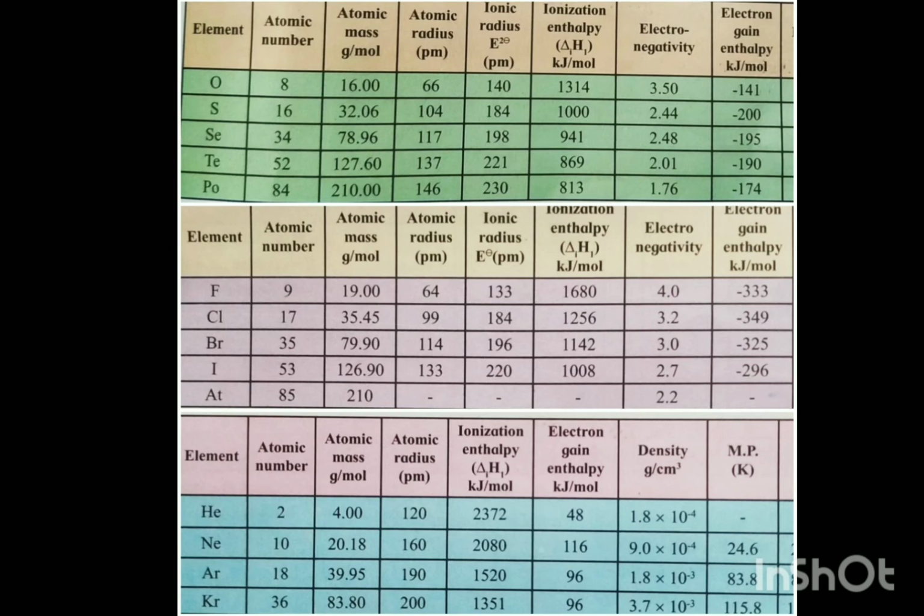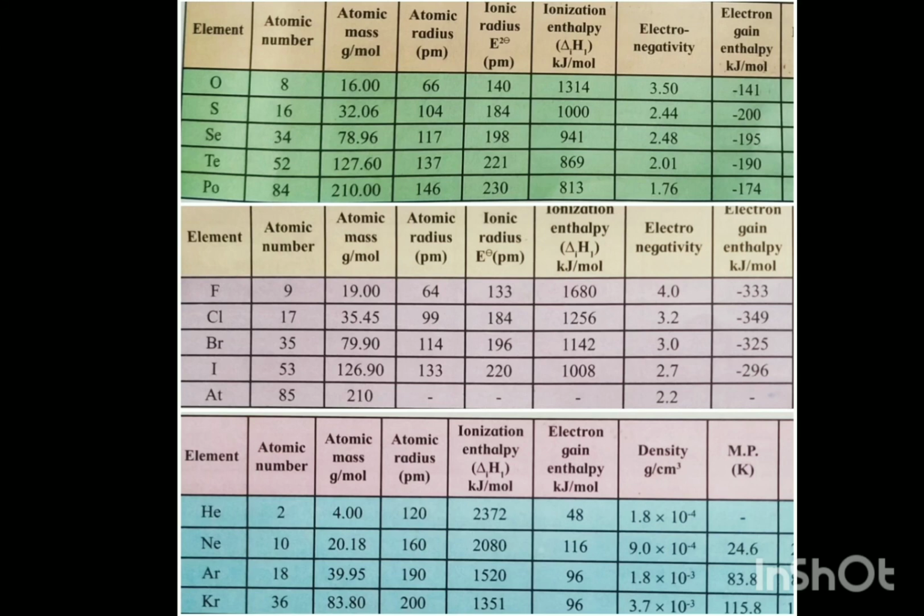In groups 16, 17 and 18, electronegativity decreases down the group, as you can see in this chart. Fluorine is the most electronegative element in the periodic table, with an electronegativity value of 4.